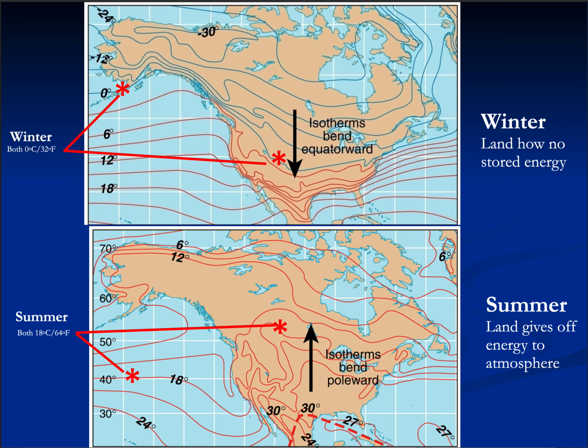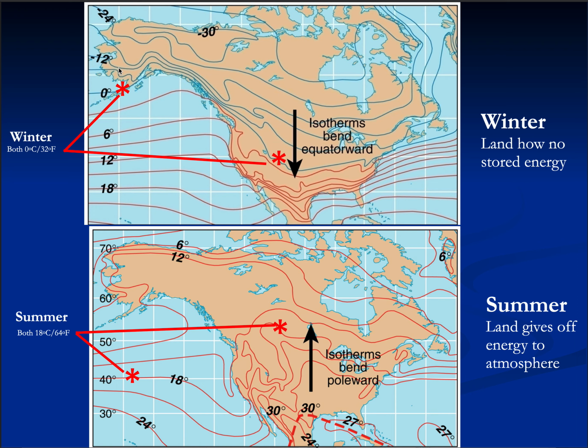Yeah, so minus 12, which is about 25 or so, is the same as if we come around somewhere around here in Ohio, right? So here we are in Ohio. We're about the same temperature as parts of Alaska are.